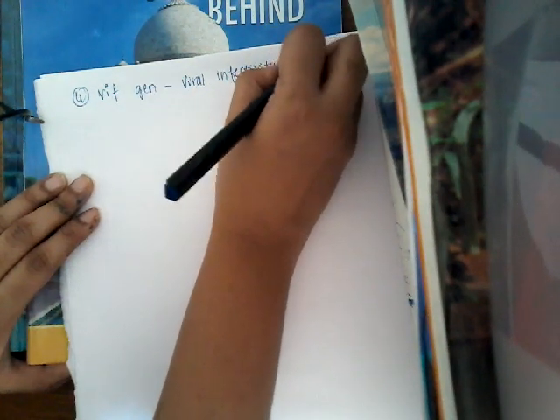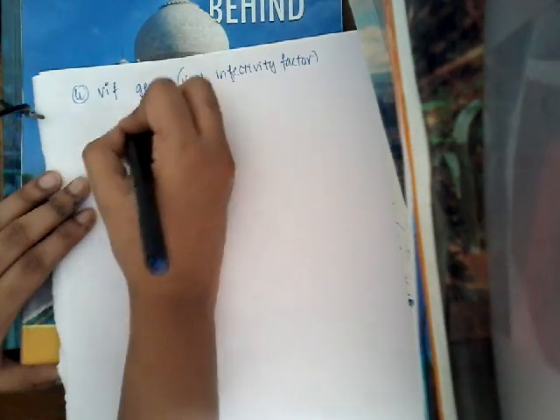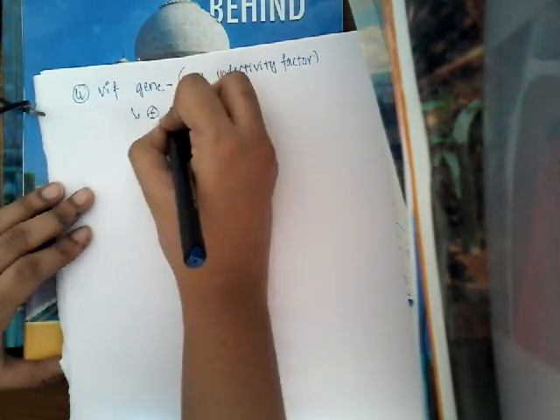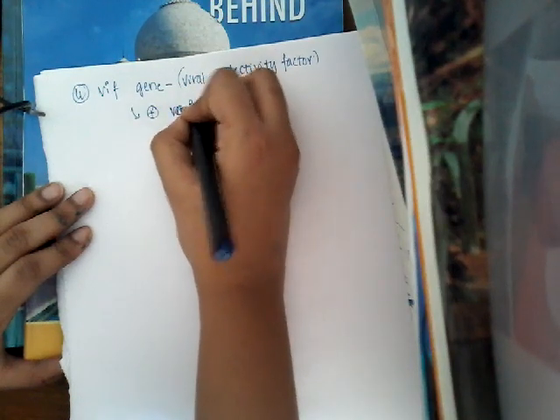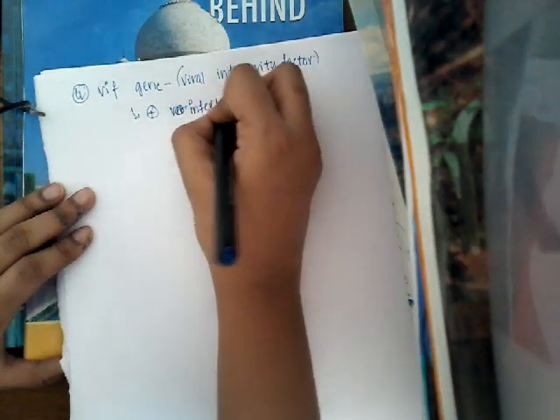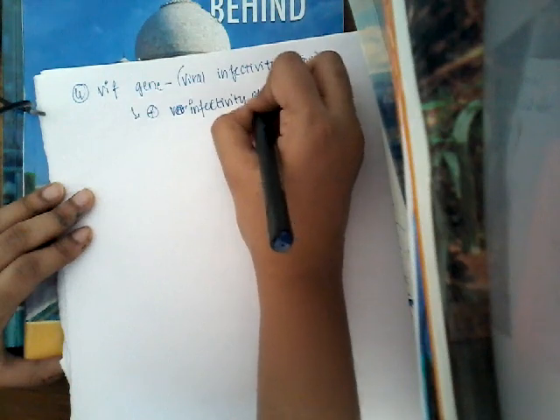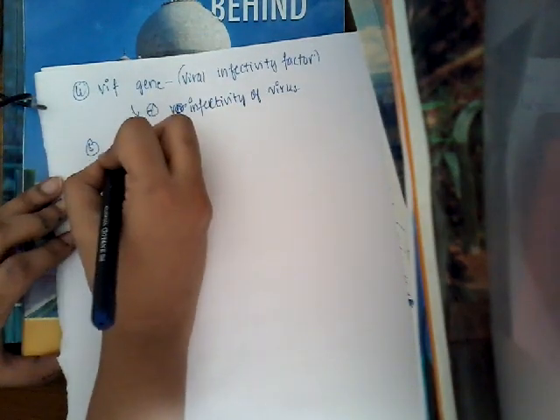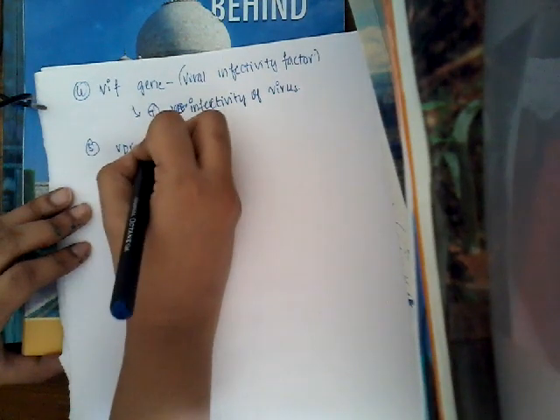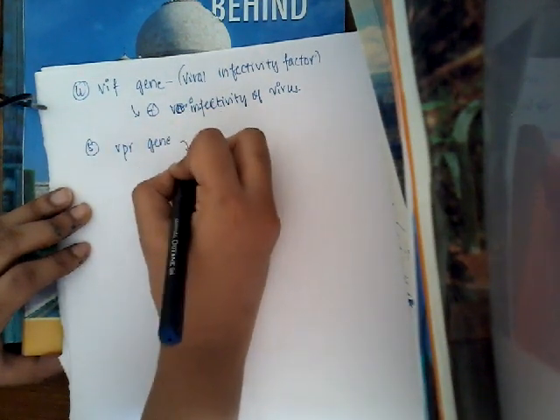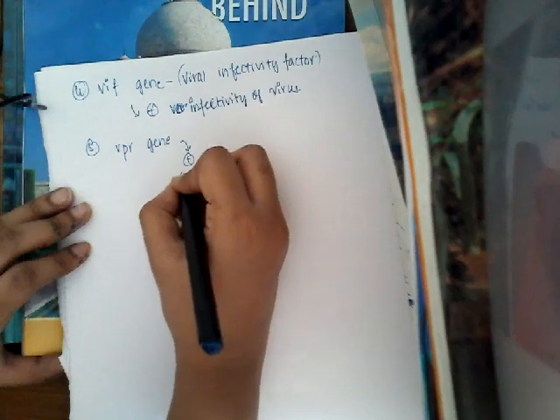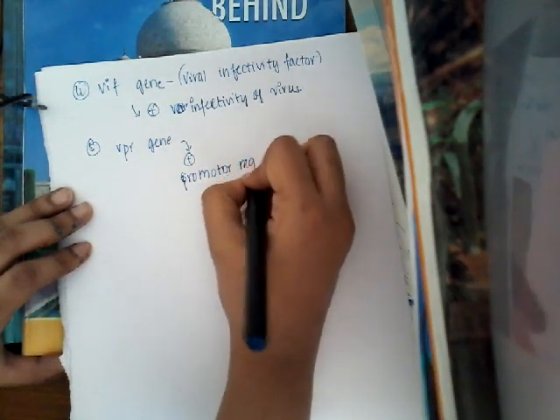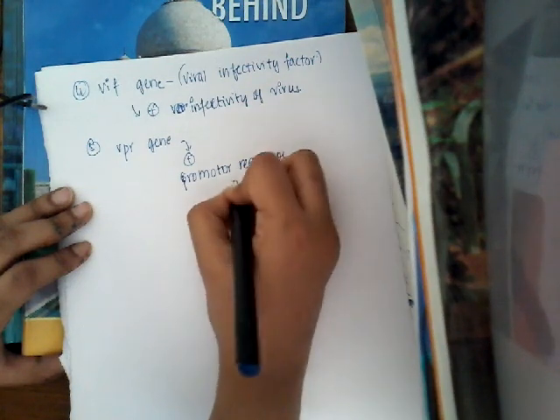As the name says, it helps in viral infection, or increases the infectivity of the virus, so that the virus can easily infect human beings. Then the fifth important gene is the Vpr gene. This will activate the promoter region of the virus.